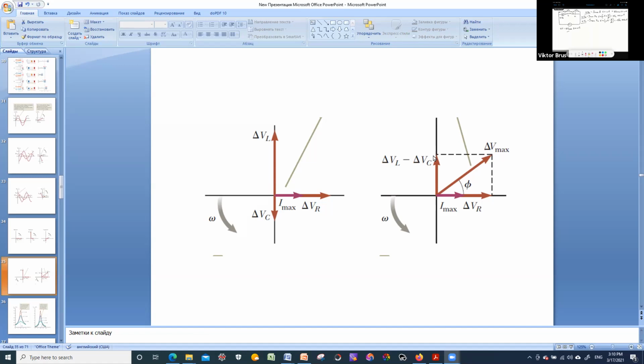And from here, it's easy to calculate the phasor of our total voltage across the AC electric circuit, which consists of resistor, capacitor, and inductor connected in series. So this angle phi is the phase shift between current in this circuit and voltage drop over this circuit. So that will be definitely defined by values of resistance, inductance, and capacitance.